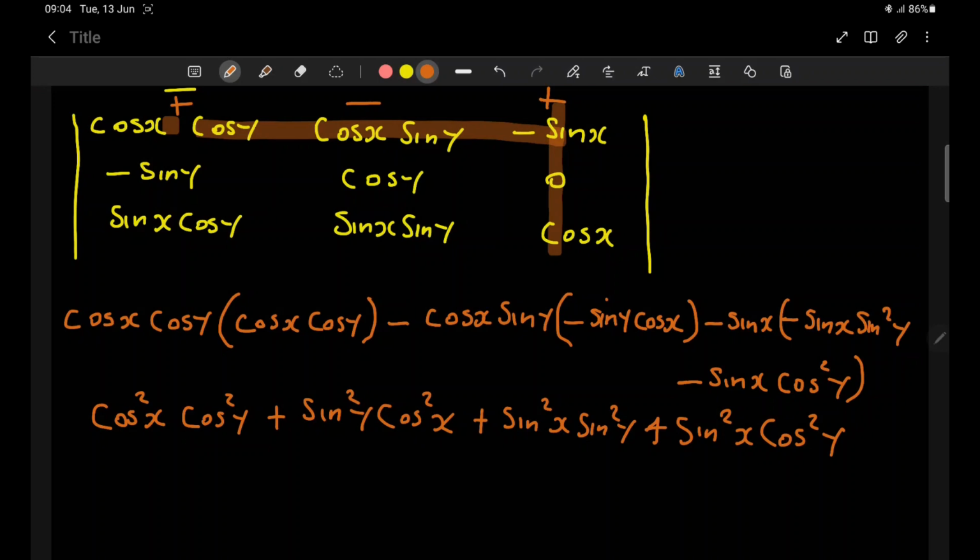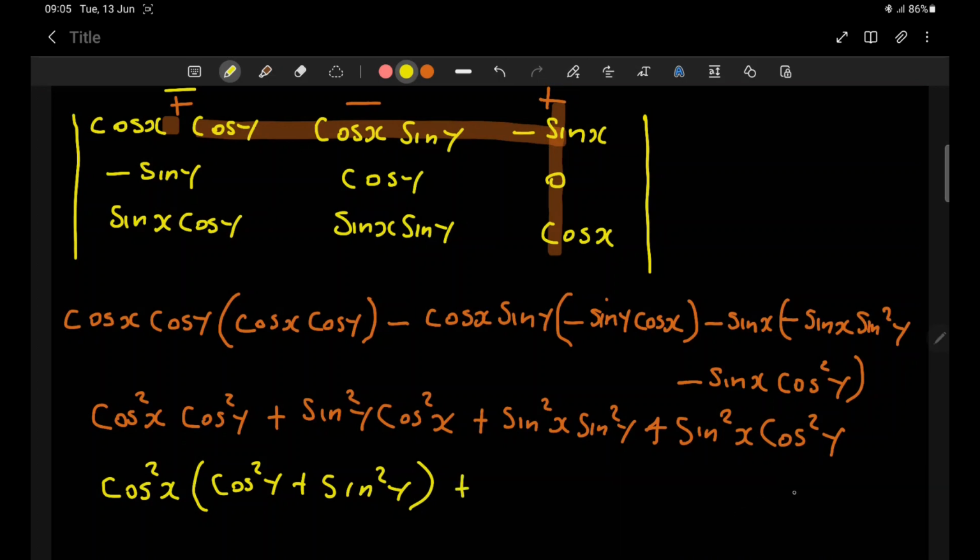Then negative sin x multiplying with this, we'll have positive sin squared x cos squared y. Then here we can do some factorization. Cos squared x is common, so cos squared x will remain with cos squared y plus sin squared y. Then we'll do the same on this other side.